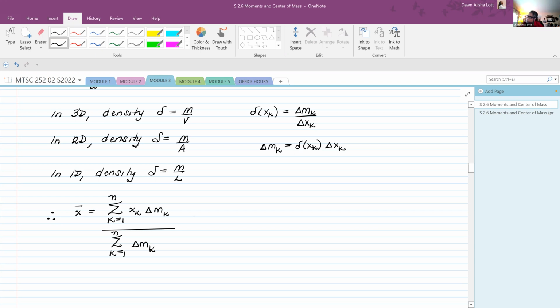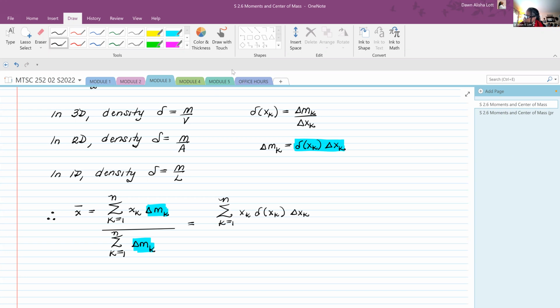But that equals the sum k equals 1 to n of xk, and in place of delta mk, I am going to place delta of xk times delta xk.